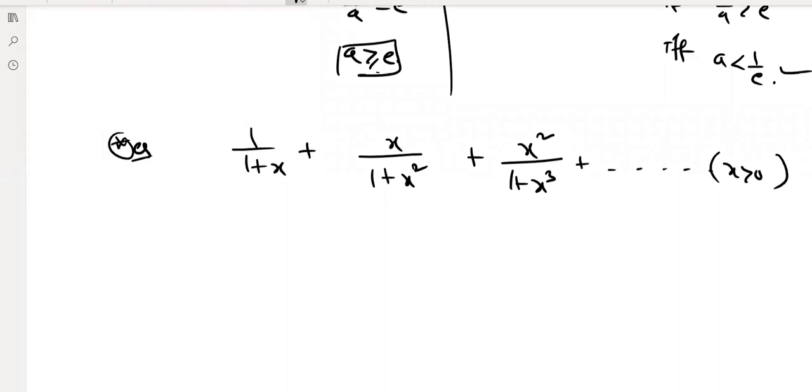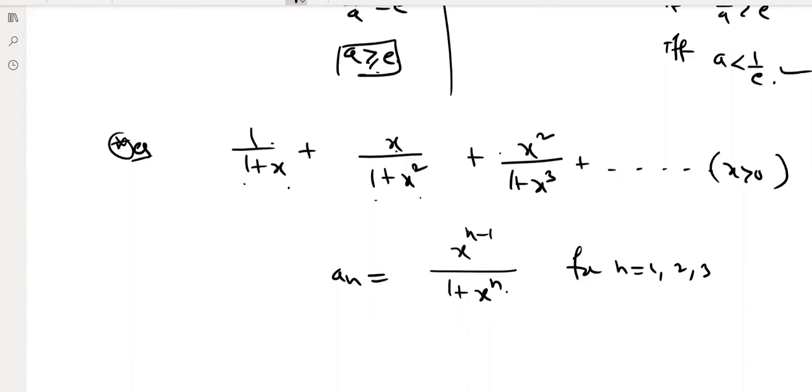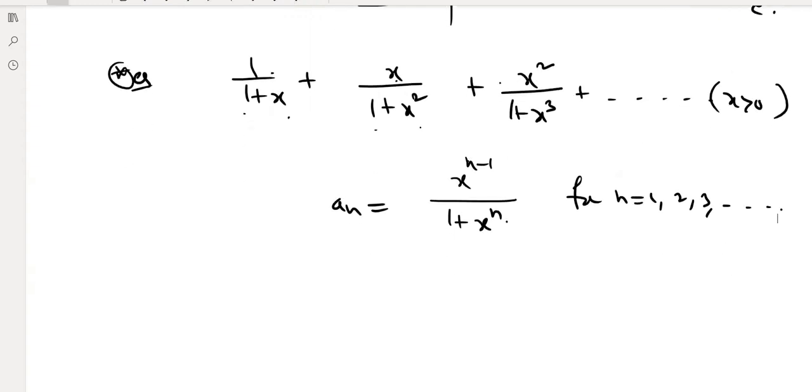For that, look at your nth term. This can be rewritten as 1, x square, and so on; this is in GP. So this can be written as x power n minus 1 by (1 plus x power n), for n equals 1 to infinity. This is the nth term of the series. Now look at the nature.